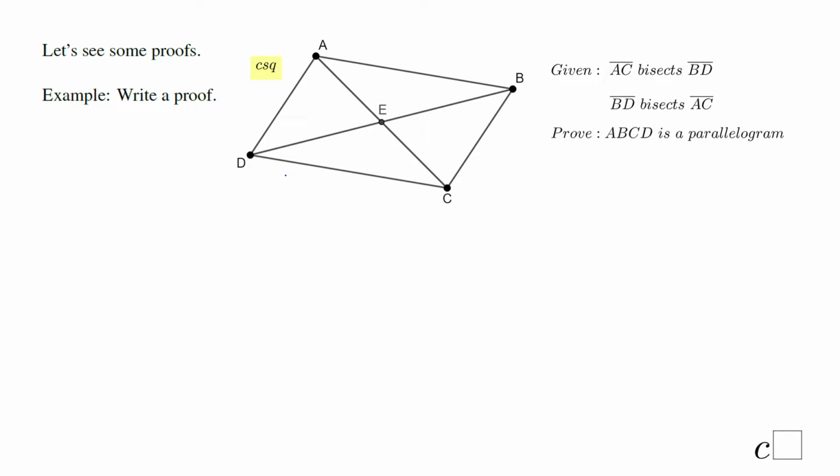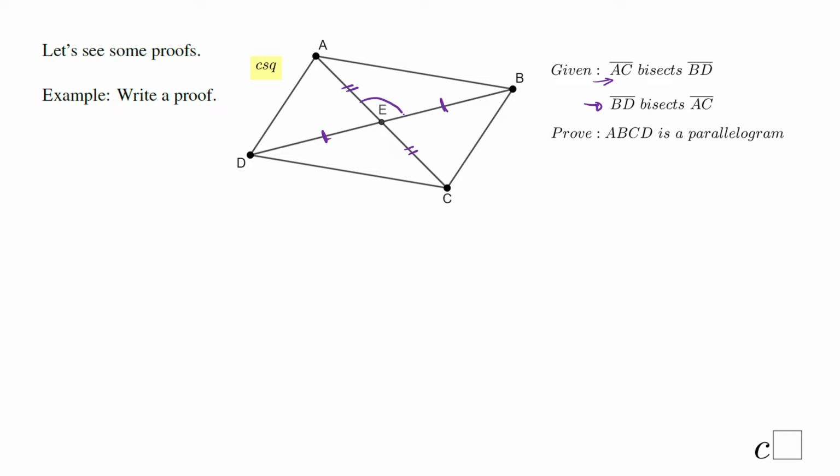You see the first statement says AC bisects BD, right? So let's see, AC bisects BD, that means these two segments are congruent. The second statement says BD bisects AC, which gives us these two segments are congruent. So my first thing was to mark on the picture these two corresponding congruent parts, but also we have some congruent angles.